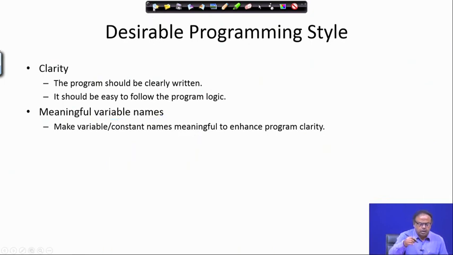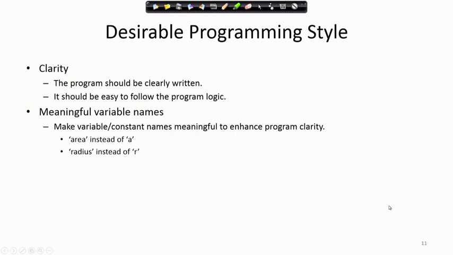So make variable and constant names meaningful. For example, pi should be written as pi. It is not good to write the value 3.1415 as chi, because it is not clear what this value is standing for.